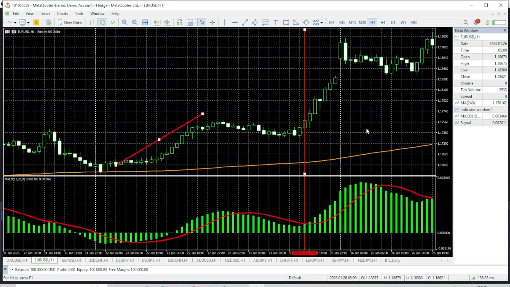So here now, the first candlestick that closed below, or that forms below the signal line, gives us an indication that the momentum may be weakening. So it takes us to a place of uncertainty in trading, and you may consider exiting at this point. The first one, we call it good, and the second one, we call it better.